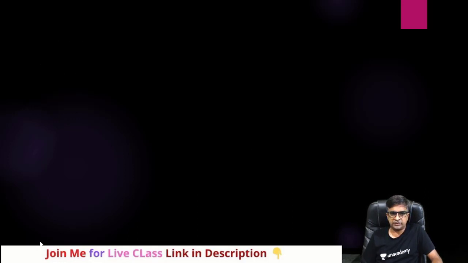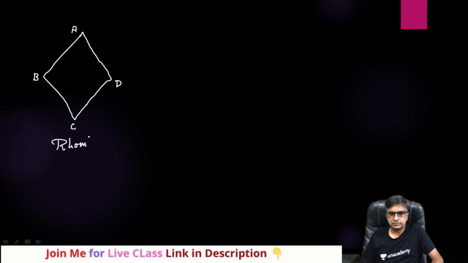Moving towards the third figure, that is the rhombus. ABCD is a rhombus. Again start with sides.